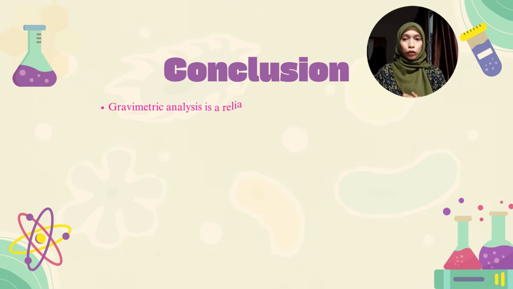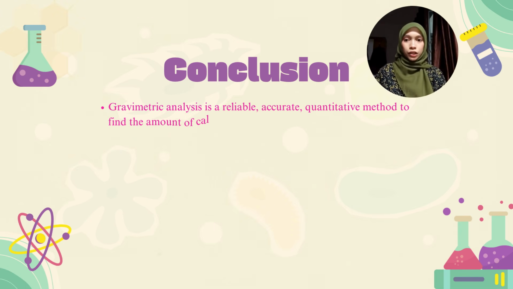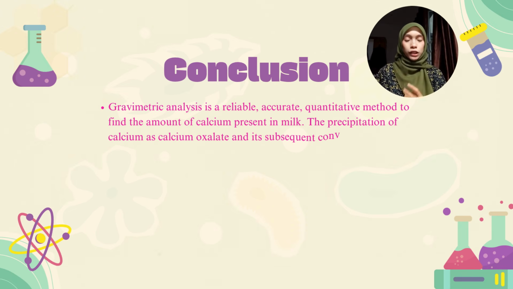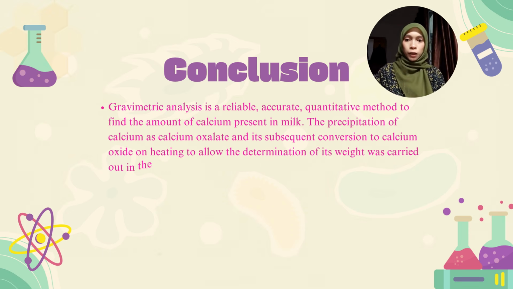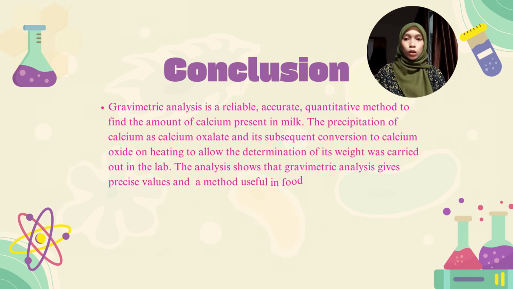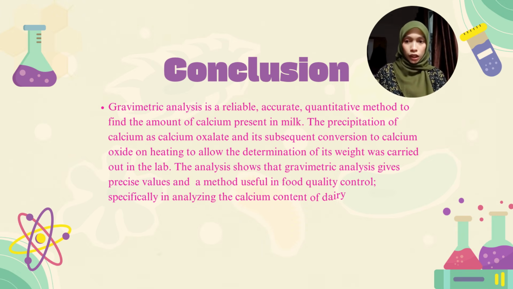Lastly, we move to the conclusion. Gravimetric analysis is a reliable, accurate, quantitative method to find the amount of calcium present in milk. The precipitation of calcium as calcium oxalate, and its subsequent conversion to calcium oxide on heating, allowed the determination of its weight, which was carried out in the lab.